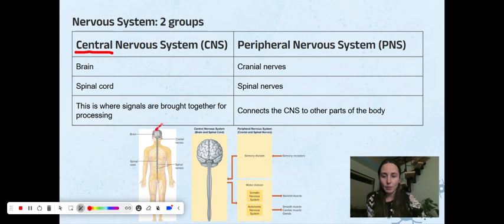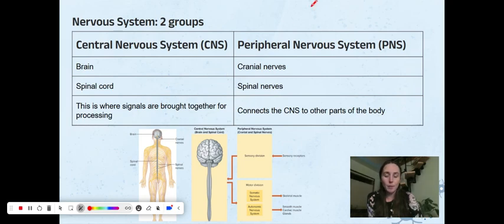So when we talk about the central nervous system, we're talking about the brain in the middle of our head. We're talking about the spinal cord, which is in the middle of our body. This is where things are sent to be processed. So if you've ever touched something hot and you reflexively get away from that right away, those signals were sent to either our brain or our spinal cord to say, yo, get away, that's too hot.